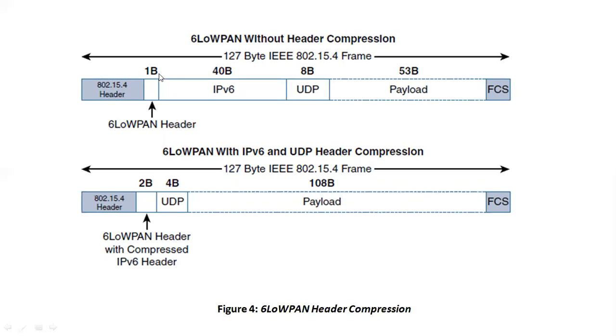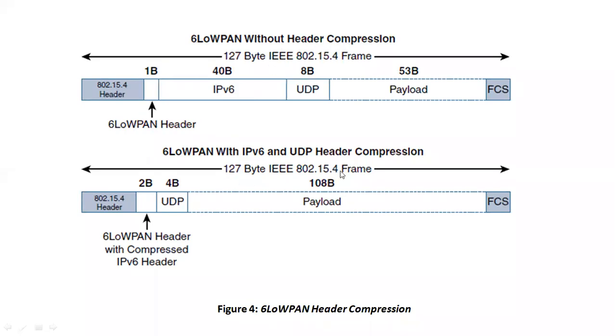The huge storage is occupied by the 6LoWPAN header, which occupies 1 byte, 40 bytes occupied by the IPv6 header, and 8 bytes occupied by the UDP header. Now, this is without header compression, before header compression.